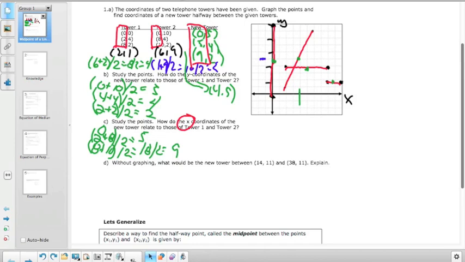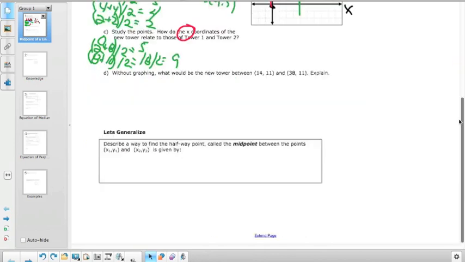Okay, so let's generalize. In general, how can we discover the midpoint? We're given a segment with 2 points. How can we discover the midpoint? Jamie? If you did x1 plus x2 divided by 2, you get the x value for the midpoint, and then y1 plus y2 divided by 2, you get the y value.